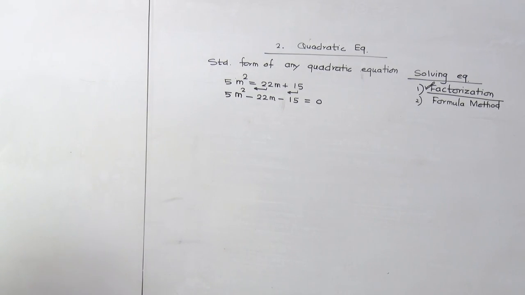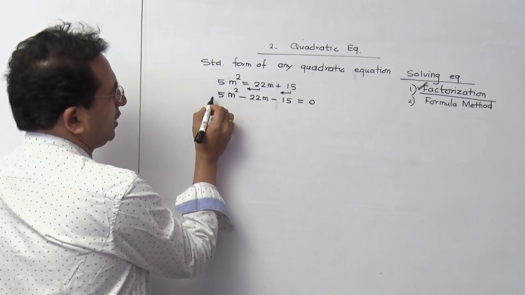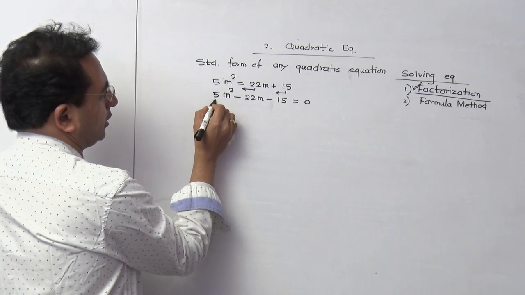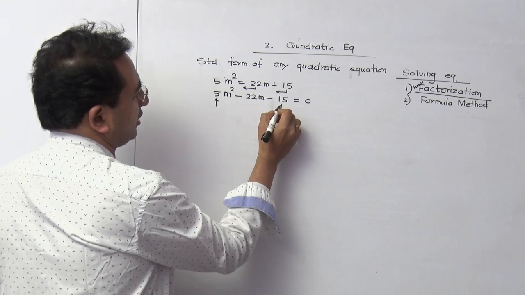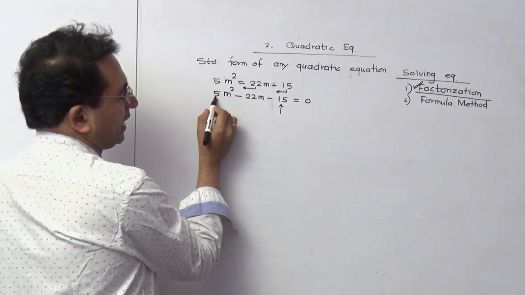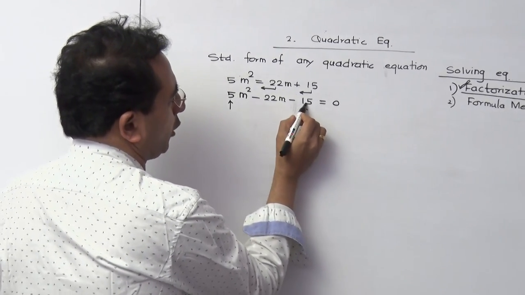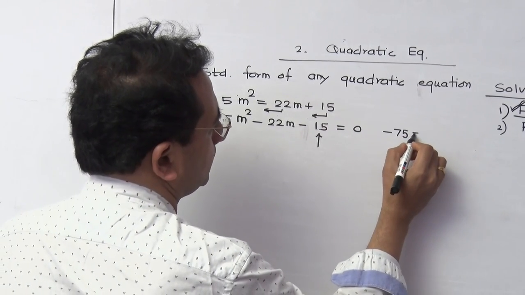Now as all of you know, once you write this equation in standard form, then we have to check what is the coefficient of m square and what is the last term. This is 5 and this is minus 15. So we have to take the product, and that product is minus 75.